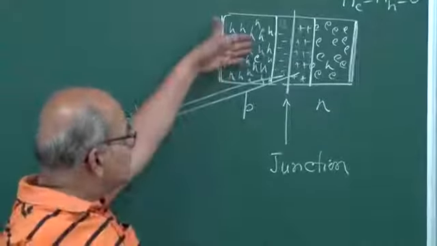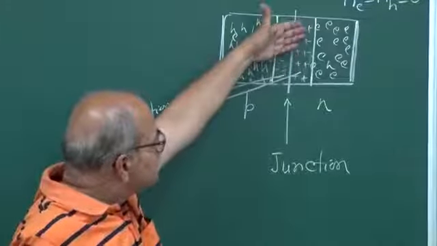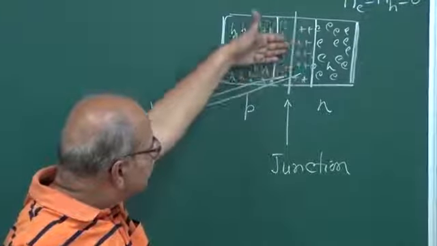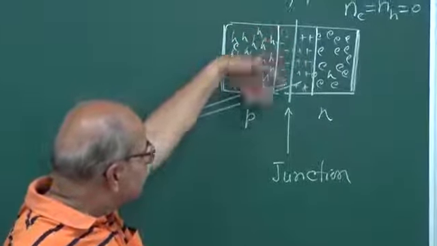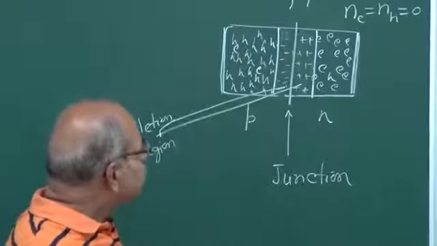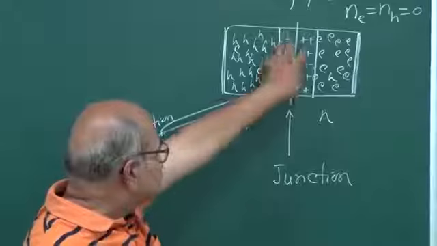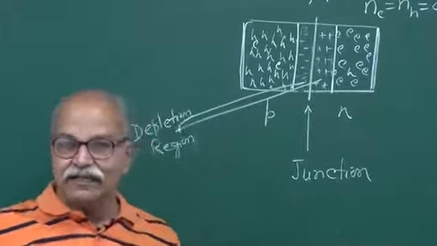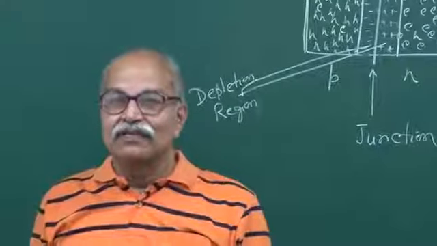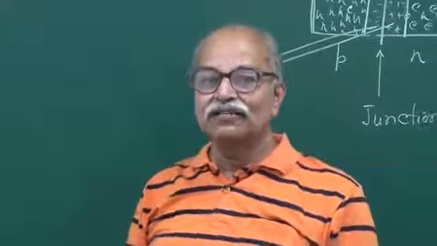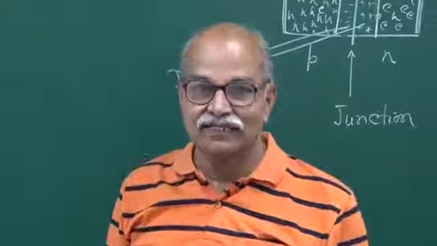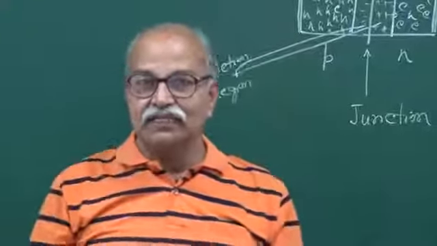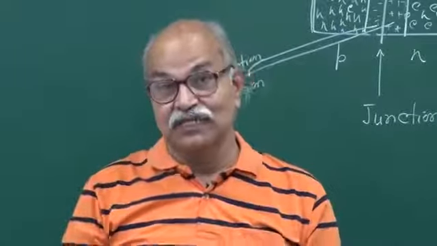These holes have gone here to neutralize these electrons, or the electrons have come here to neutralize these holes, and therefore the charge carriers are not there, that's fine. But then at any temperature, as we told earlier, new electron-hole pairs are created, because in that material you have a thermal distribution.